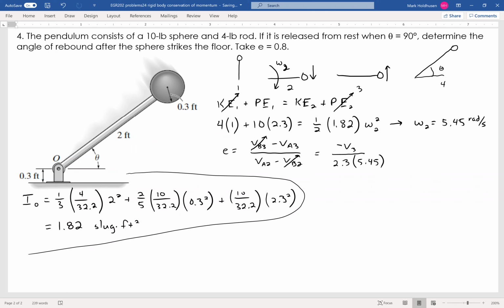Now I can find the rebound velocity. So the velocity of that sphere at 3 is going to equal 10.02 feet per second. Okay, so it's essentially 80% of what it was. So that sucker is now shooting up at, and again, we're going to call this V3.